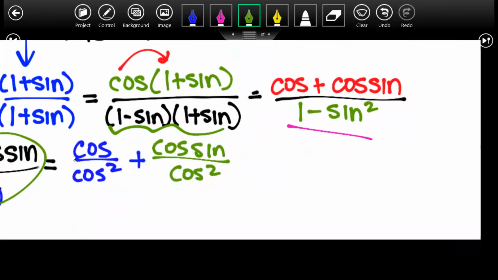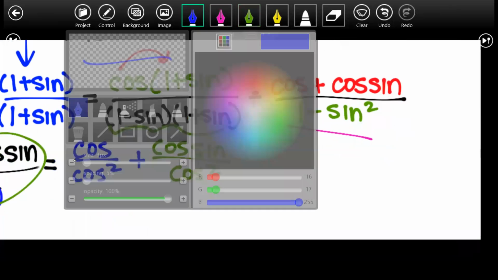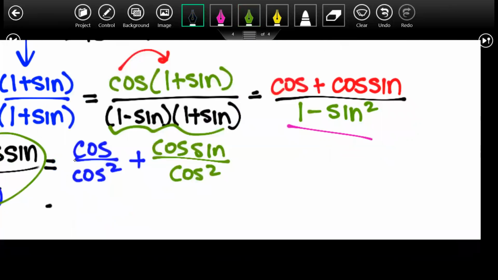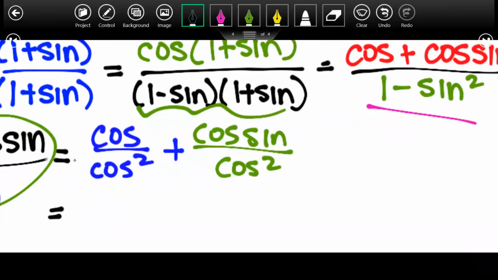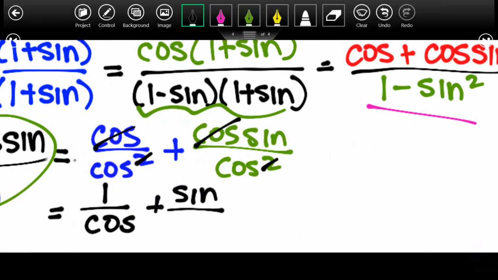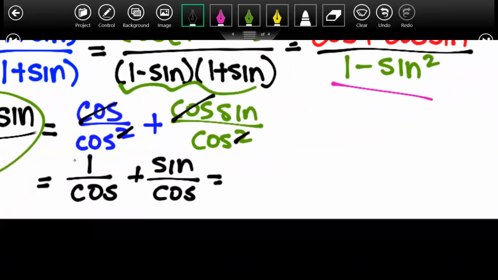Okay. And let's simplify this out. Can I take a step further and simplify this? How many cosines are left for my blue ratio? 1 over cosine. And then what happens to one of the cosines on top? We're left with just sine over cosine. Is this what I want to see? That's tangent.